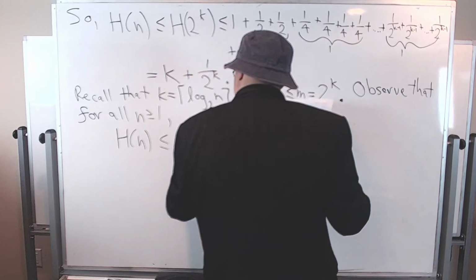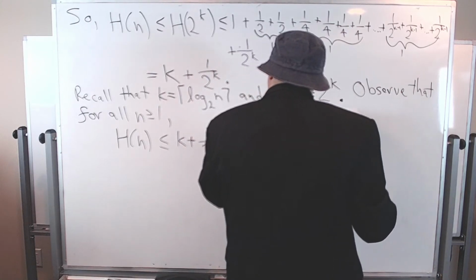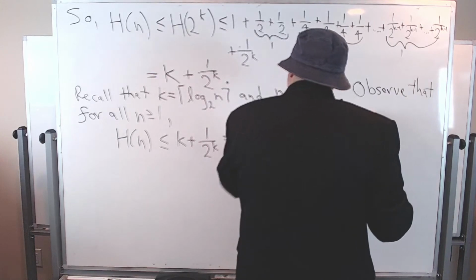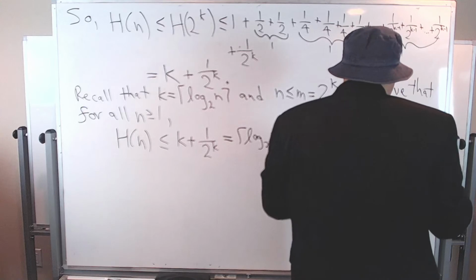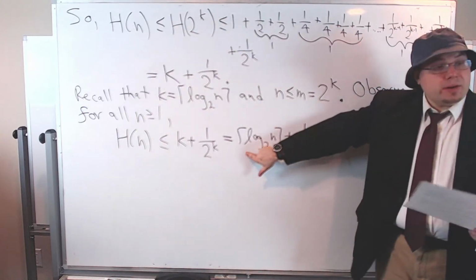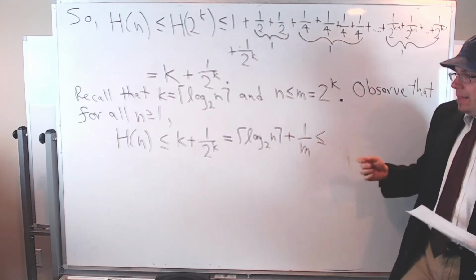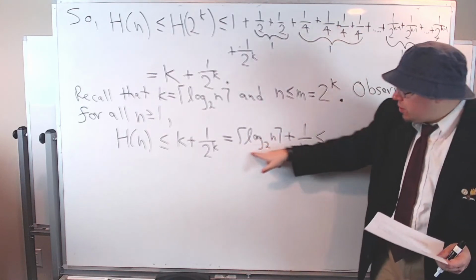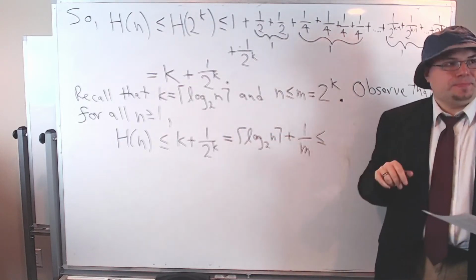Which, well, what's k? K was the ceiling of log base 2 of n. Well, what's 2 to the power of k? That's m. 1 over m. Now, if I take some number and I round it up, would you agree with me that if I added 1 to the result inside here, it should bound from above or match the ceiling?